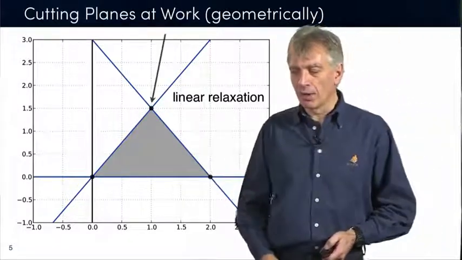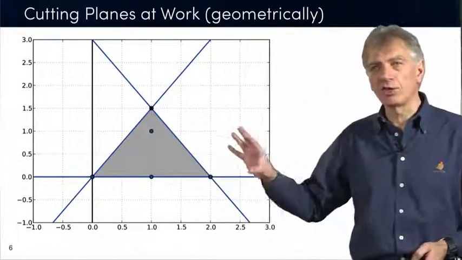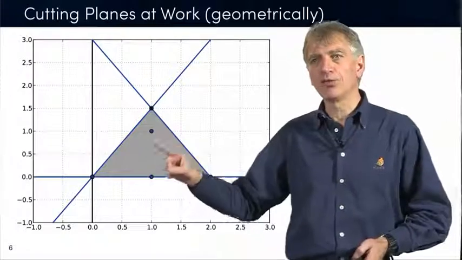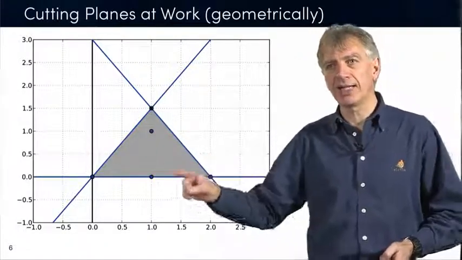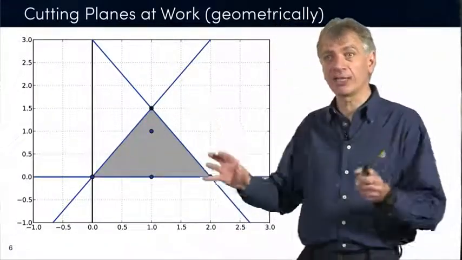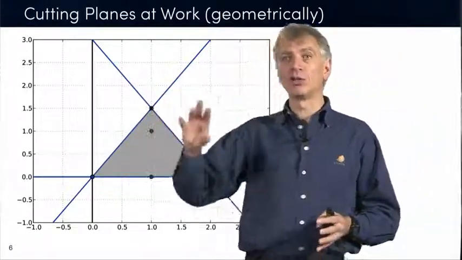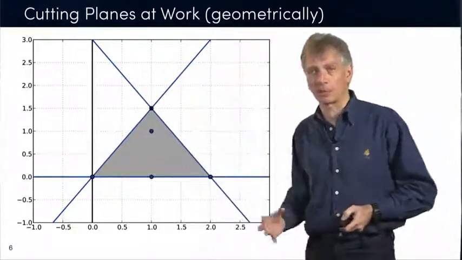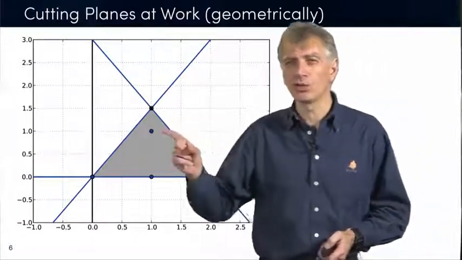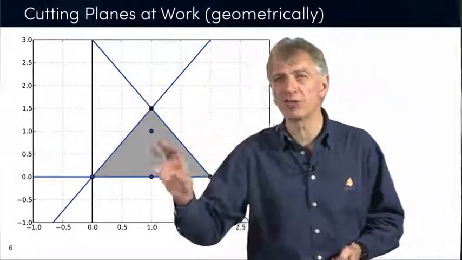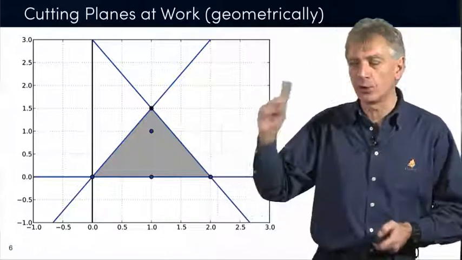Now, when we are trying to solve this as a MIP, the feasible points are this one and that one. So the linear relaxation has a larger space than the space of all the integer points, and that's where the problems come from. What we want to do is improve this relaxation to get closer to these integer points.